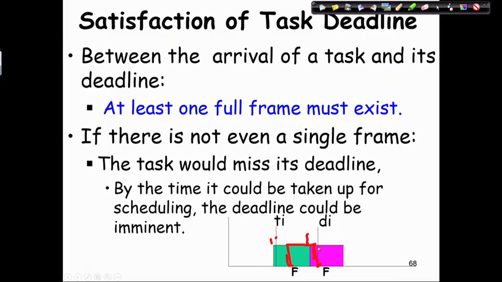So, the third condition requires that we must have one clear frame existing between the arrival of a task and its deadline.